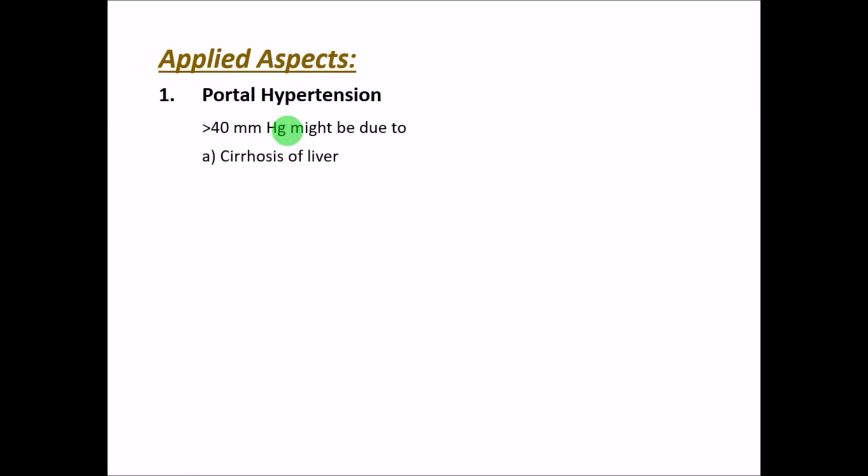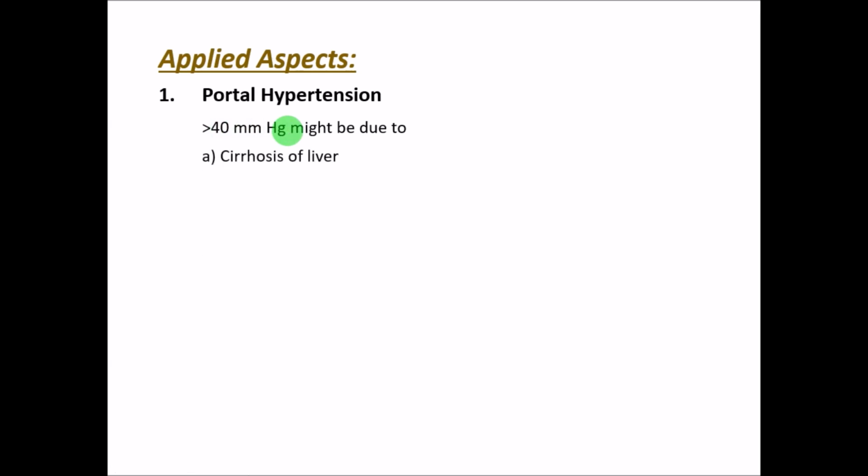Now coming to the last part, that is the applied aspects or the clinical anatomy about portal hypertension. As we said, sometimes there might be hypertension within the portal vein, an increase in the pressure. We said that normal pressure is 10 to 20 millimeters of mercury, but if it increases to more than 40 millimeters of mercury, then it is called portal hypertension.